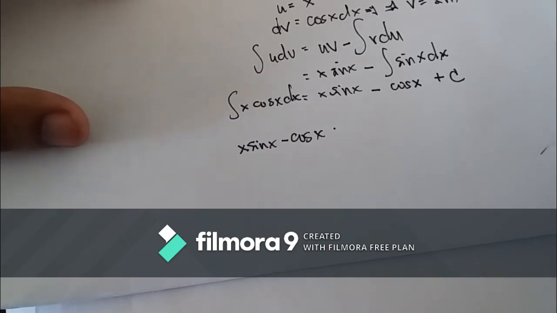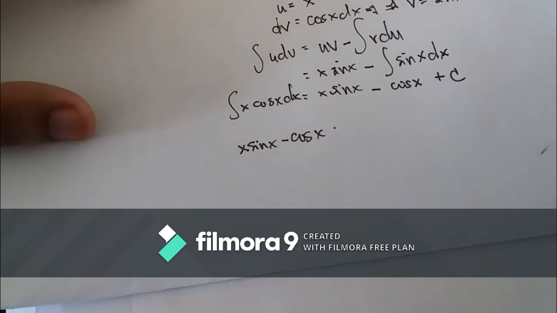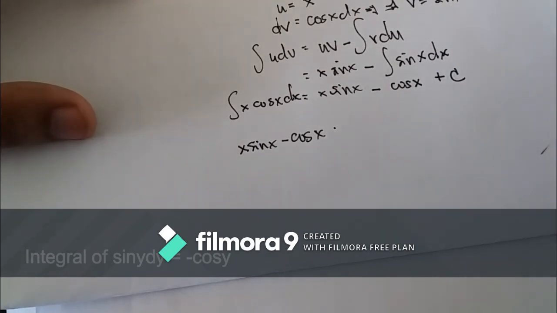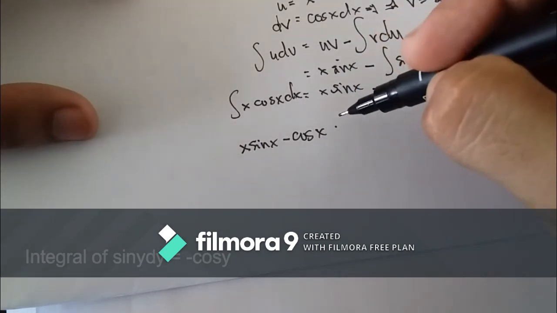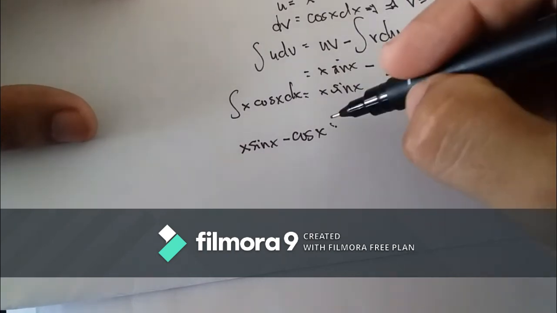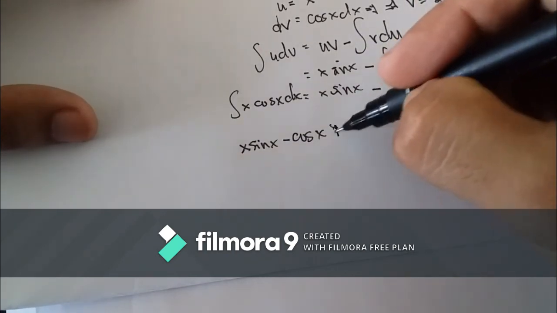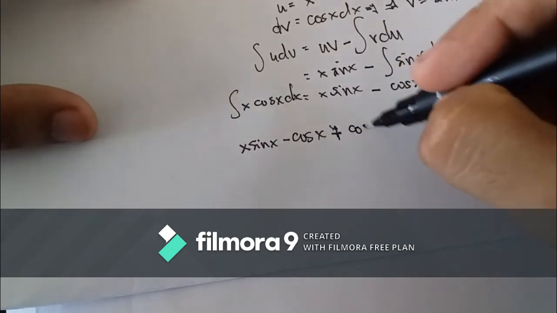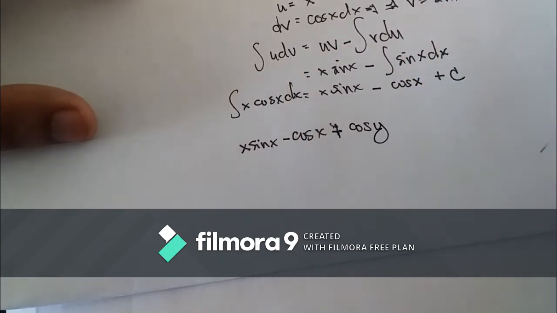Then sine y. So the integral of sine y is negative cos y. The integral of 0 is c.